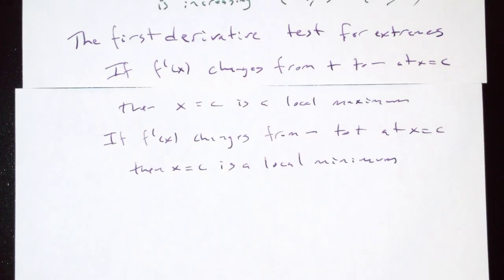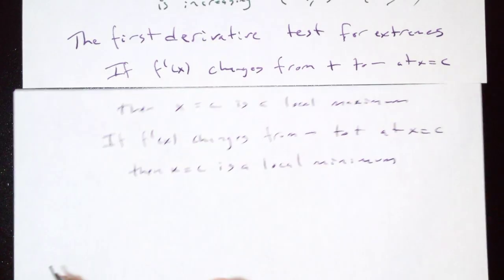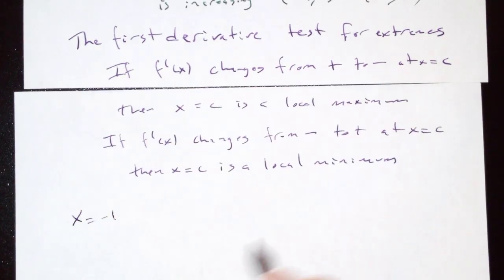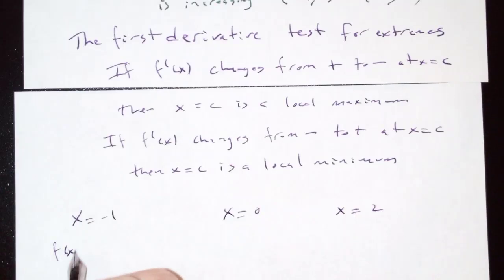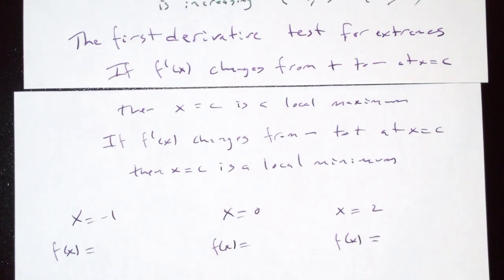I like this because now if I go back and plug in the actual values of my critical points, I can figure out what the maximum and minimum value of this graph is. I can then figure out if I've got absolute minimums and absolute maximums.